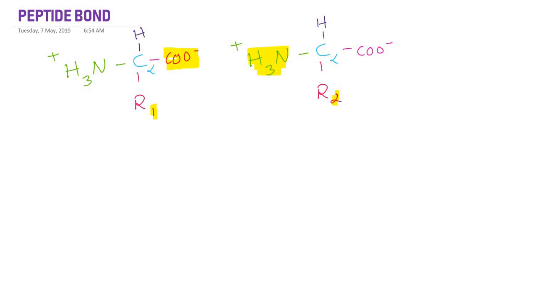You can see this oxygen and the two hydrogens will be removed as one molecule of water. Our peptide bond is formed between this carboxyl group and this amino group, with formation of one water molecule. This process is called dehydration, also called condensation.